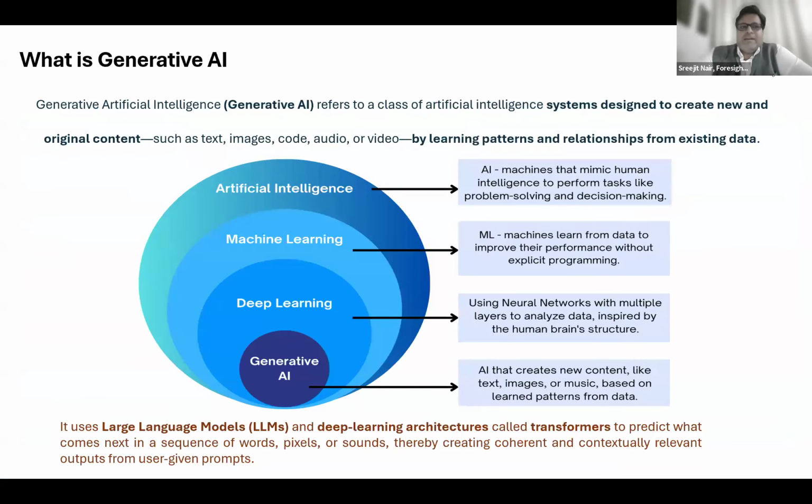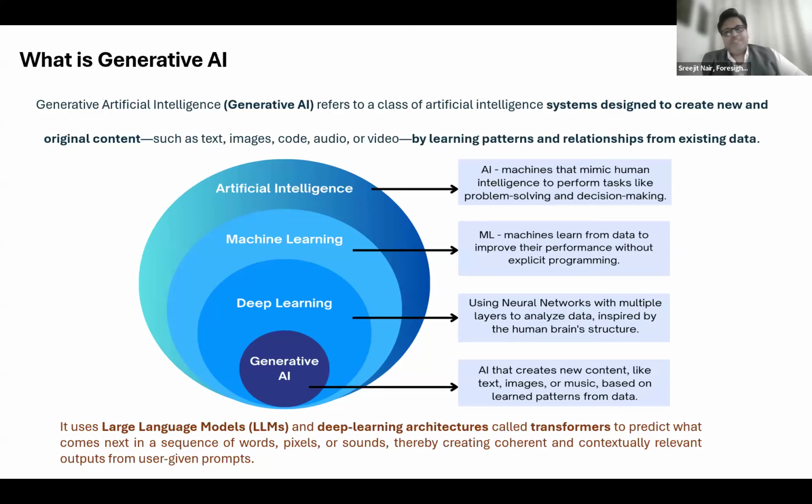So first of all, I'll start with what exactly is generative AI. It refers to the class of AI, artificial intelligence systems designed to create new and original content. So by new and original content, the question arises that if it is all learnt from the existing materials, can we say it is original content?